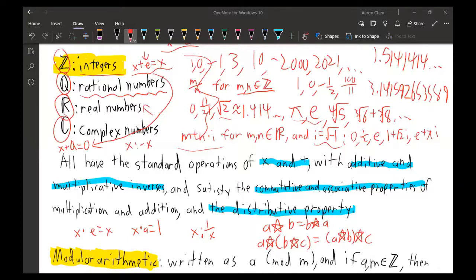And obviously the distributive property is just the one that we know, which is a times (b plus c) is equal to a times b plus a times c. So that's basically the foundations of the numbers.